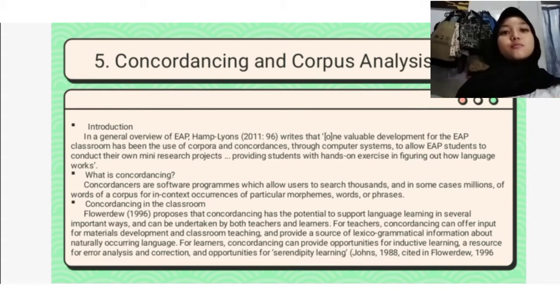This is according to Jones 1988, cited in Flowerdew 1996. Issues of access have eased greatly, with a range of corpora and concordancing software now freely available online.